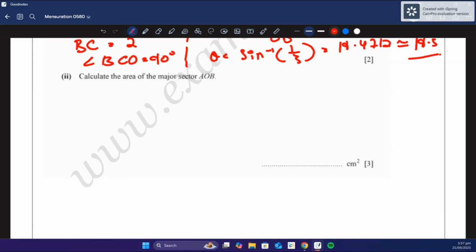Okay, perfect. C is the midpoint of OD. Calculate AD. We'll simply use Pythagoras. We can say OC is equal to the square root of OB squared minus BC squared, which is 6 squared minus 2 squared.